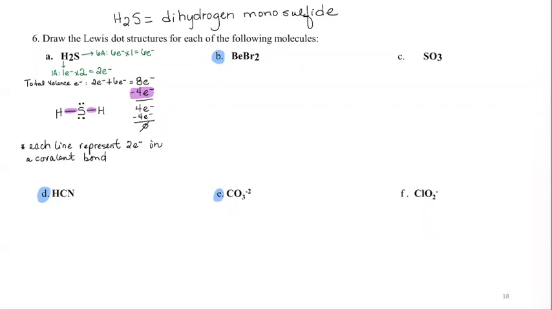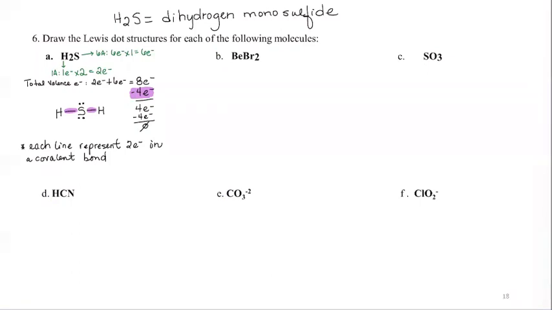Great. Now, let's go over letter B. So I'm going to do letter B with you guys. I had those highlighted just in case we had time to count the valence electrons, but I'm going to do letter B with you guys, at least the first part, where we're going to count the valence electrons.